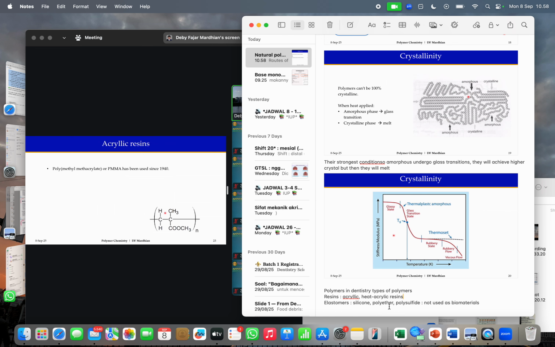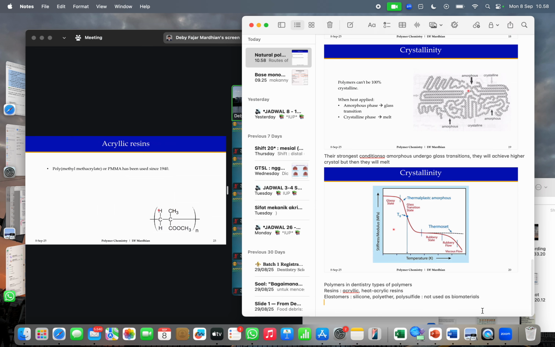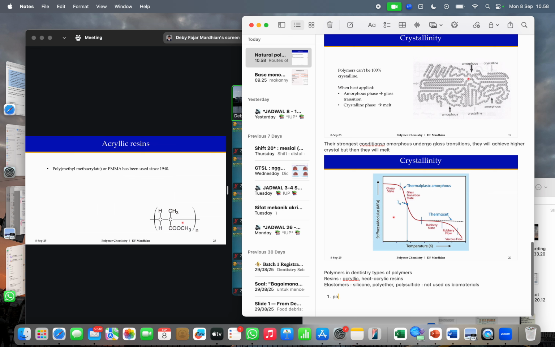This is the structure of methacrylate. When we repeat this, we create polymethyl methacrylate. This is methacrylate. This is the methyl. So polymethyl methacrylate.